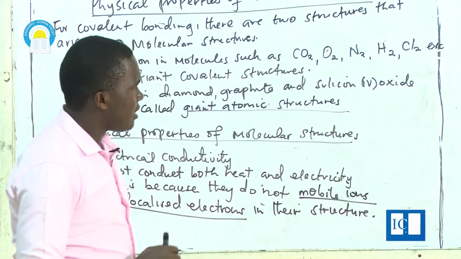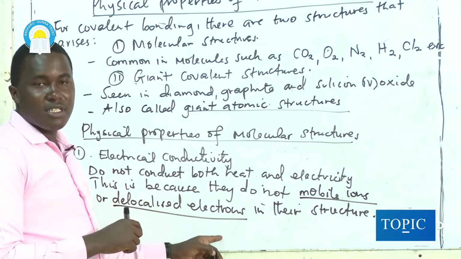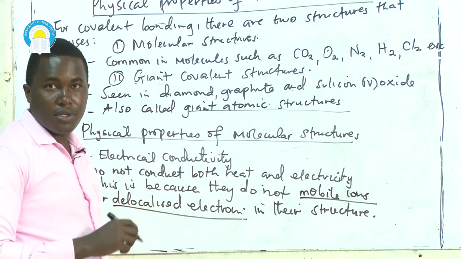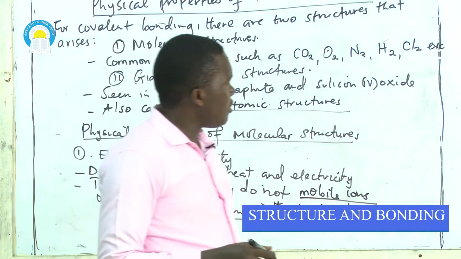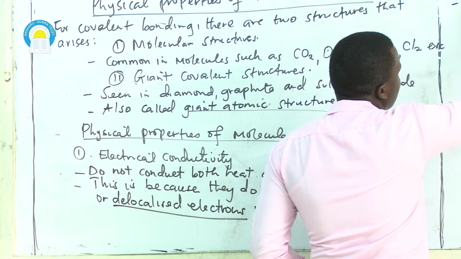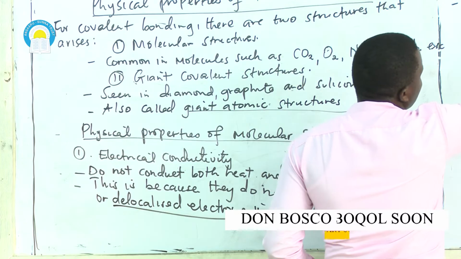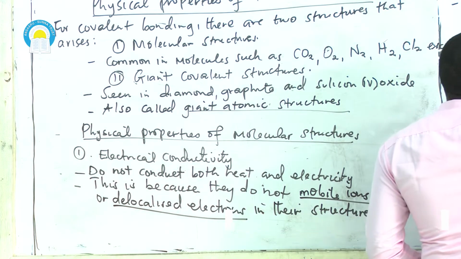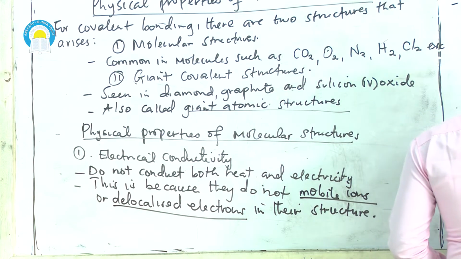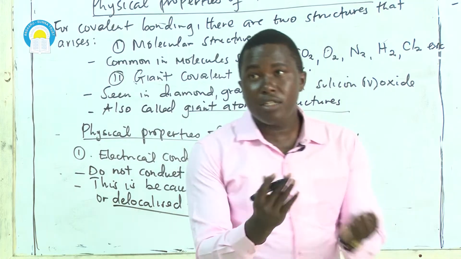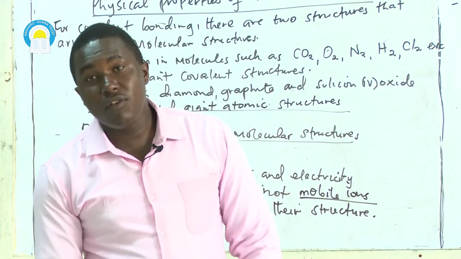So we must know what type of bonds are being broken when these substances undergo the melting process. We know that the atoms in these substances are bonded covalently. That is to say, the atoms in the molecule are covalently bonded.